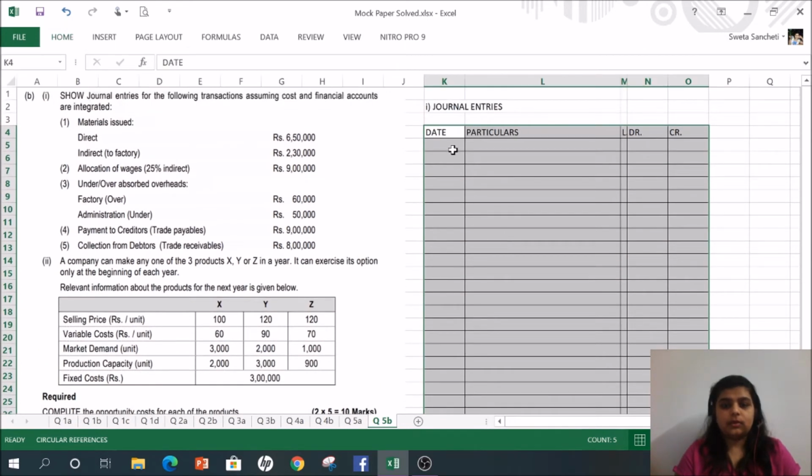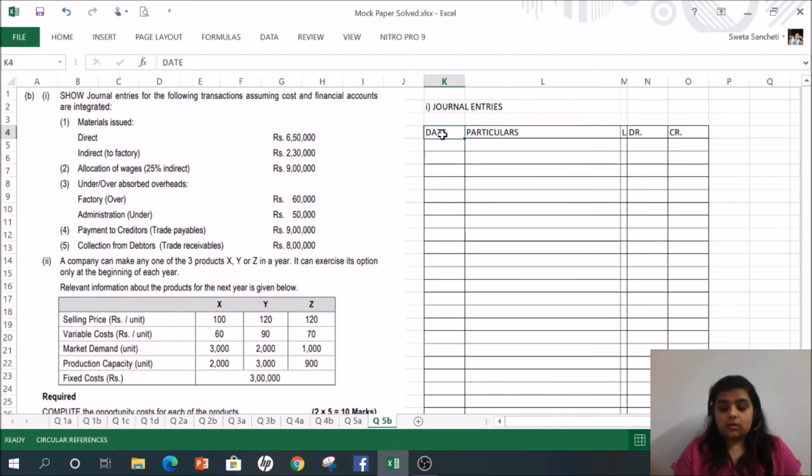Yes, let's quickly finish this. So instead of date, I can just write down the numbers here.